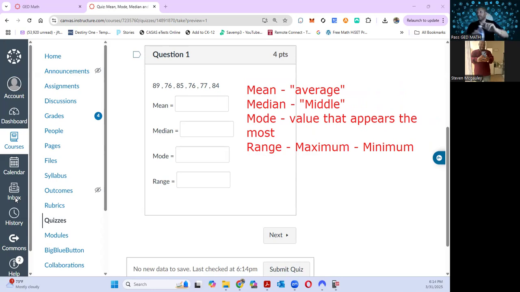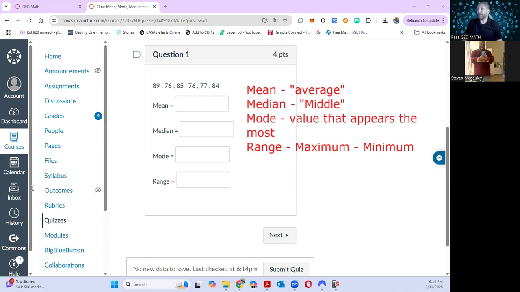Do you know what I mean by maximum? The biggest from the smallest. The highest minus the lowest. Maximum means the highest amount, minimum means the lowest amount.